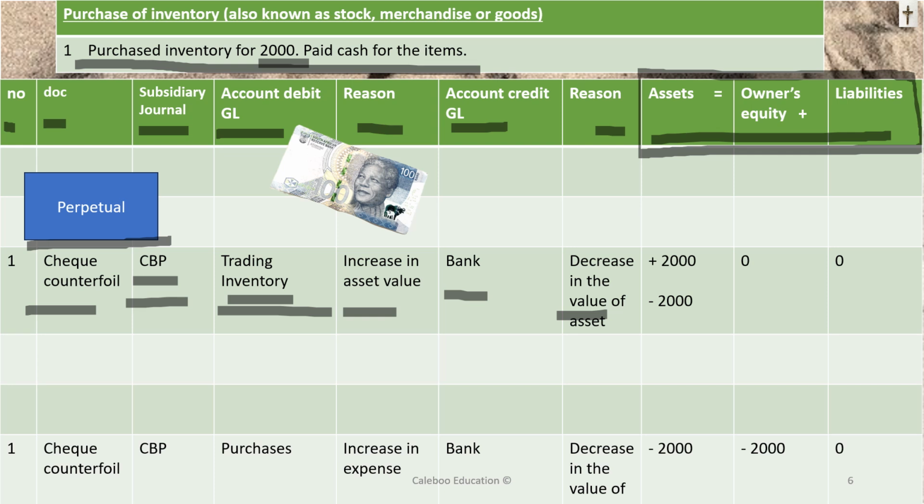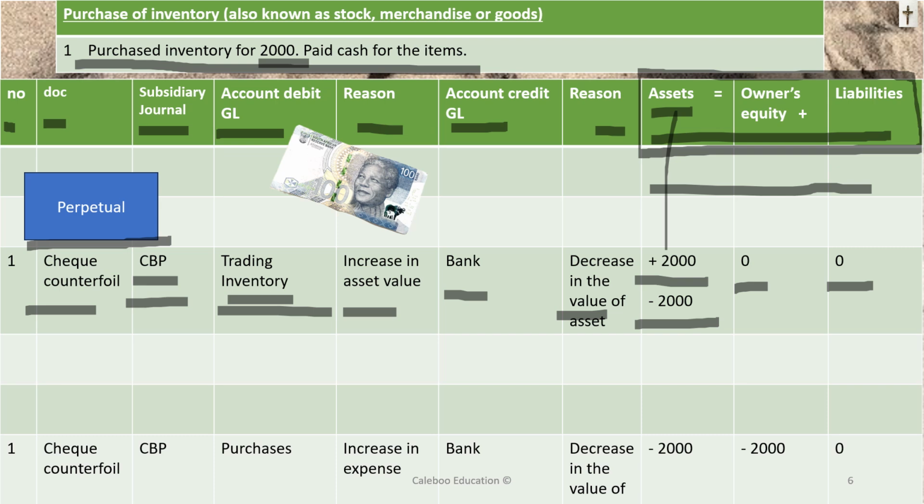And what is the effect on the accounting equation? Under assets, we've got plus 2,000 because the value of the stock increased. And what happened to our bank balance? It decreased by 2,000. So we've got a plus and a minus of 2,000 under assets. There was a null effect under owner's equity, and a null effect under liabilities.